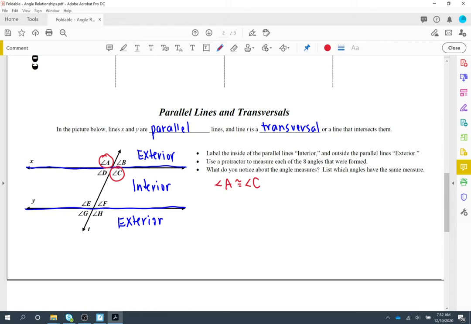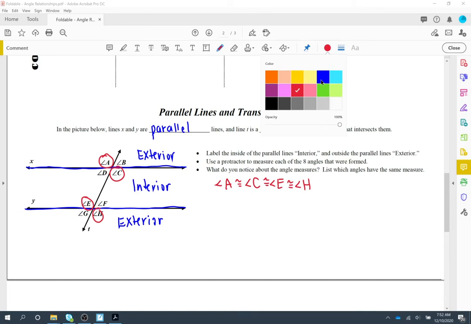What are the obtuse angles down here? The obtuse ones are E and H. So we also know that angle E is congruent to angle H, but more importantly, they're also the same measure as A and C. So we can just say A is congruent to C, which is also congruent to E, which is also congruent to H. All 4 of those angles have the same exact angle measure.